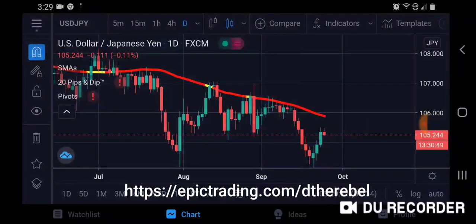So right now our market structure is bearish, meaning that this is sell territory. So we're looking for sells. We're not looking for anything else but sells when it's in bearish territory. So you do that on the higher time frames. You do it on the 4-hour and daily. Mainly the daily is what you want to do.